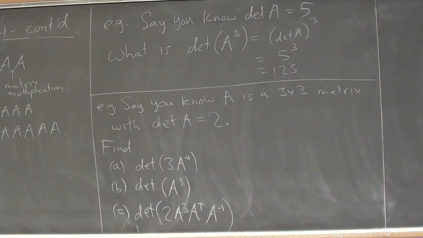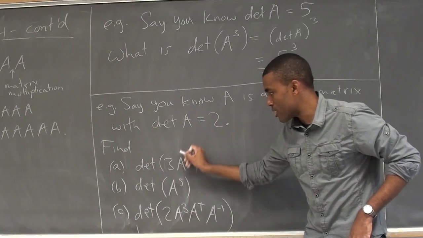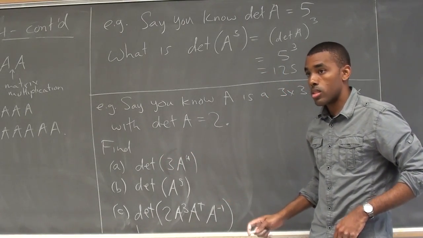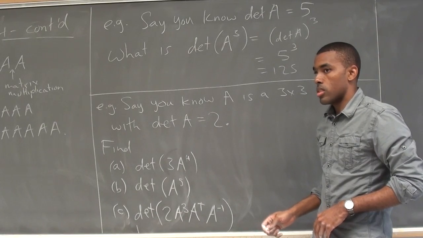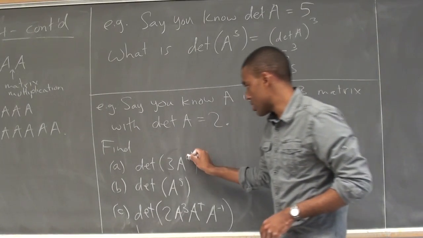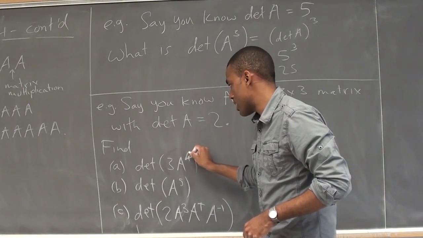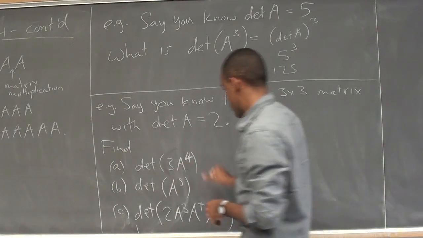Can't you just do 3 times A and do the whole thing to the 4th? No, because it's not 3A to the 4th. I see what you mean. So it does follow the order of operations. It's important for you to take the exponent and then multiply.